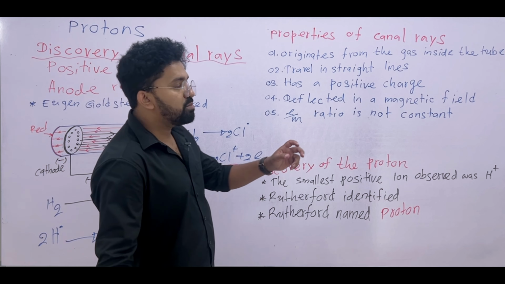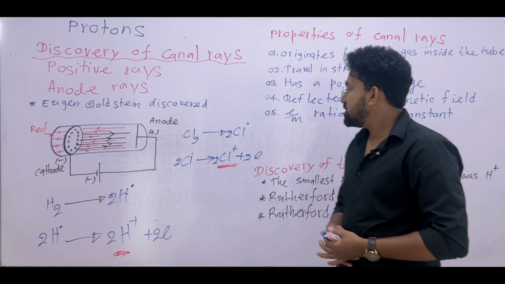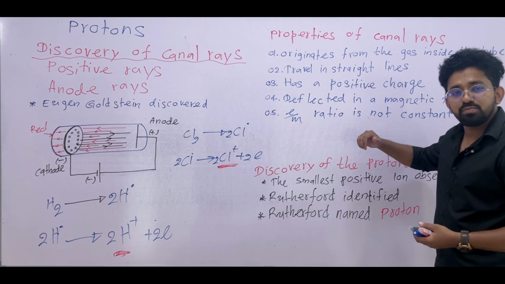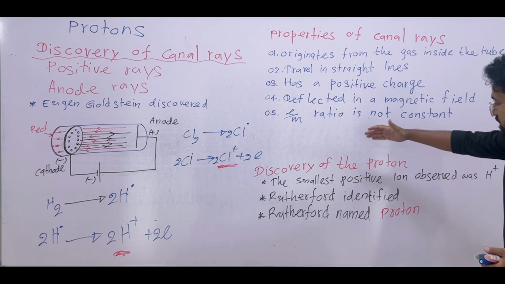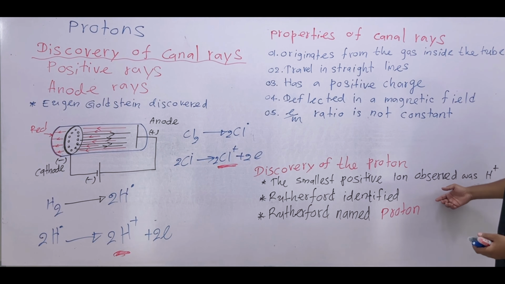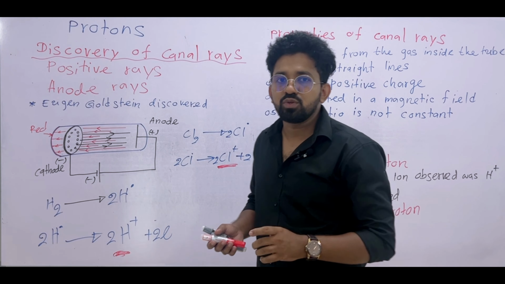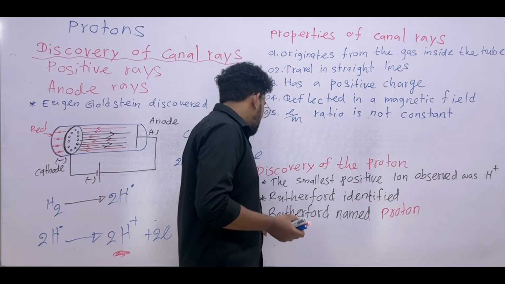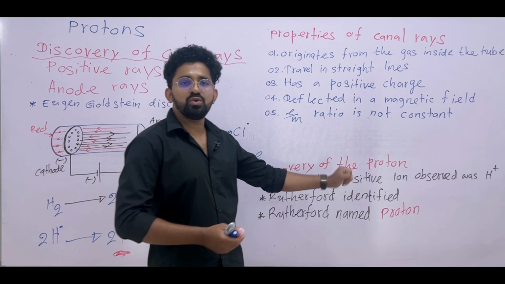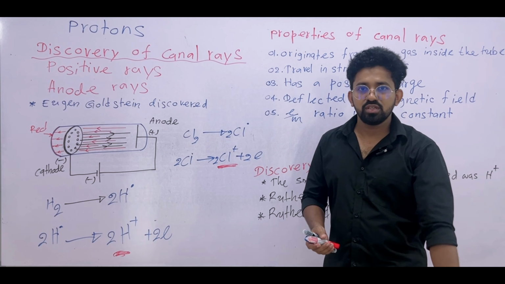It means the other e/m values multiplied by a certain integer give us the value of H+. Then Rutherford identified the proton, from one of his experiments. I have included that in the theory note too. Rutherford is also the person who named the proton.